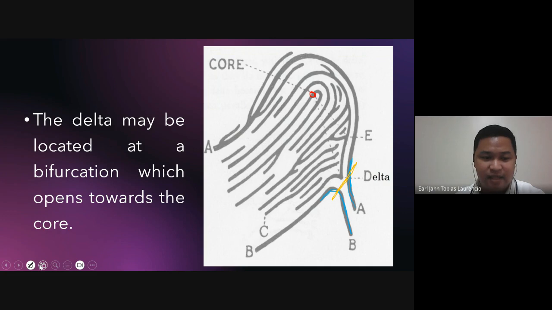The answer is yes, because the opening points in the direction of the core. So we will select the opening of the bifurcation as the delta of the pattern. So always remember, when you are dealing with a bifurcation as a delta of the pattern, the bifurcation must always open towards the core of the pattern. I hope that is clear to you.